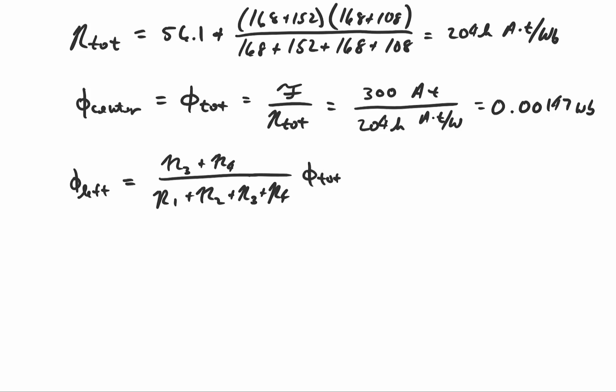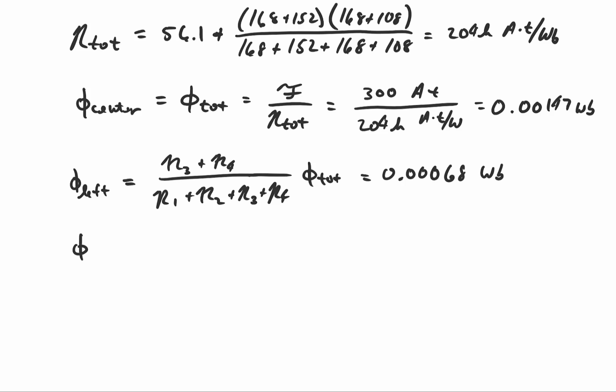Again, this is a current divider equation. And if I plug the numbers in there and calculate it, I get 0.00068 Webers.